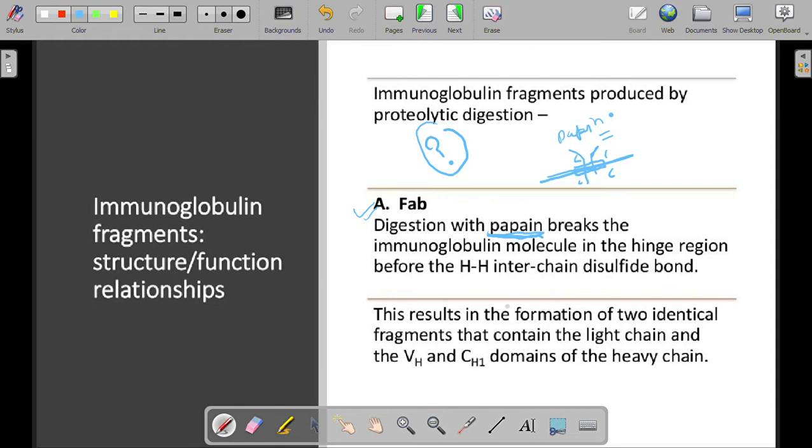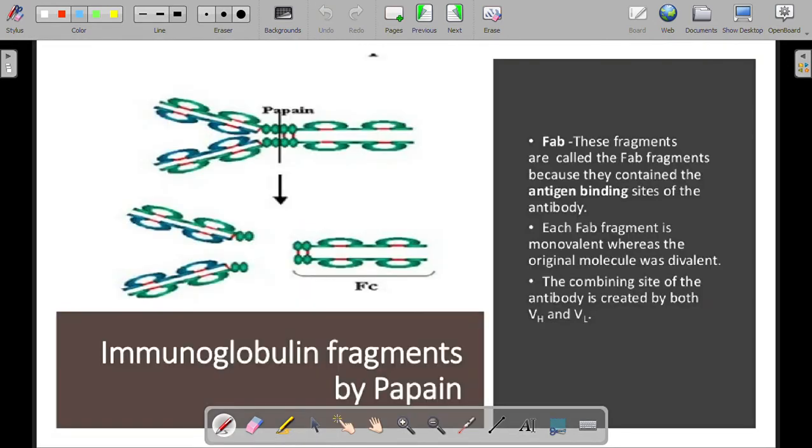The result is the formation of two identical fragments that contain the light chain and the constant domain of the heavy chain. In this figure we can see it clearly.